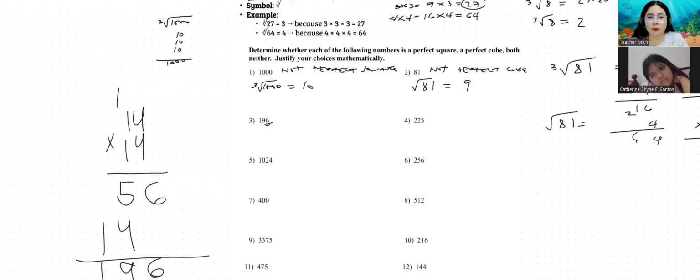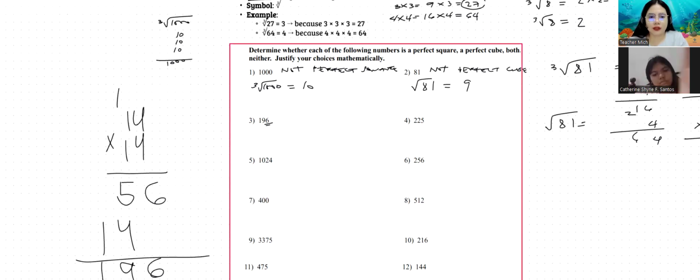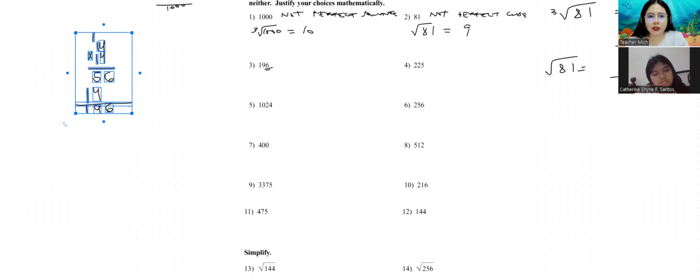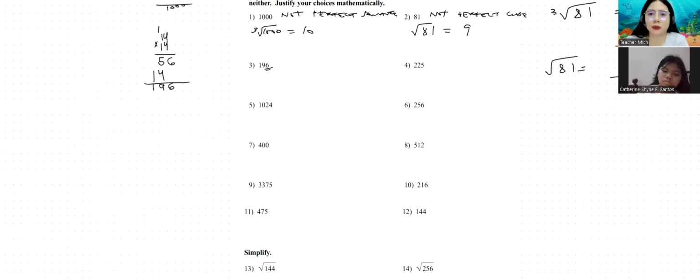How about cube? How about the cube root of 196? You already know that the cube root of 125 is equal to, sorry, the cube root of 125 is equal to what? 5.